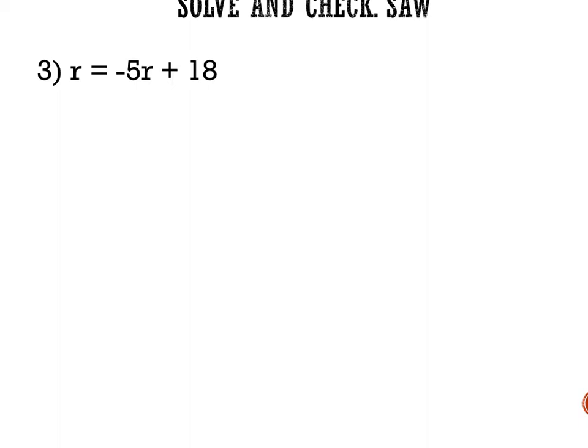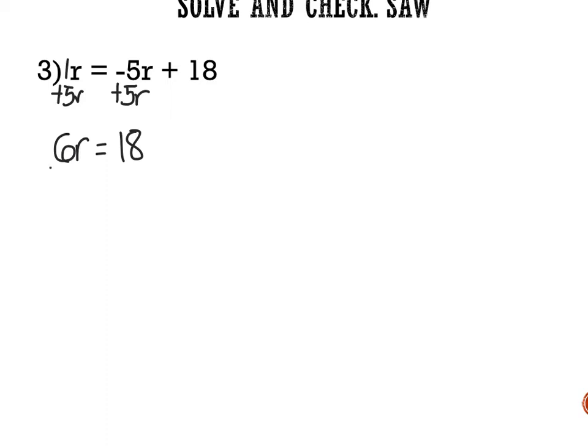Okay, so negative 5 times r, to get rid of it, I'm going to add 5r to both sides. 1r plus 5r equals 6r equals 18.